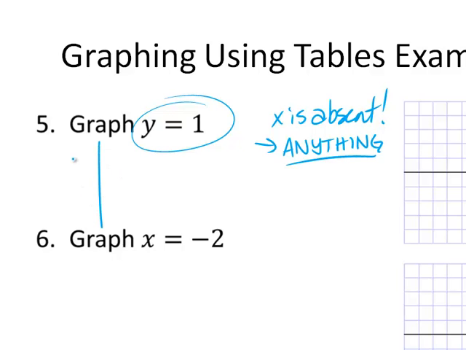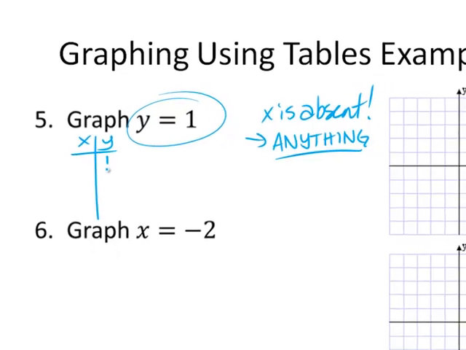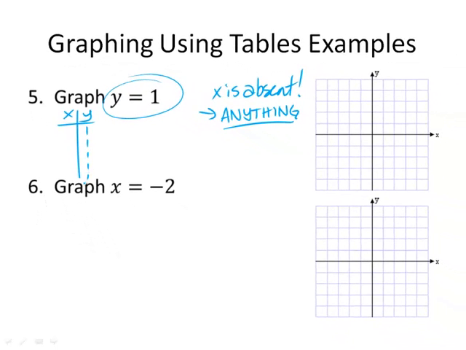Meaning, in our table of values, as long as my y value is 1, I don't really care what x is, because it has not been forced into being anything. It's not there to claim its prize.